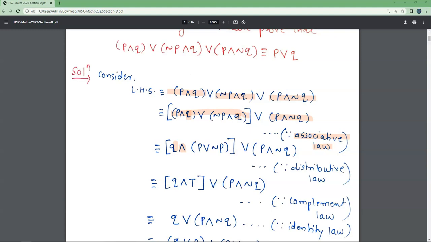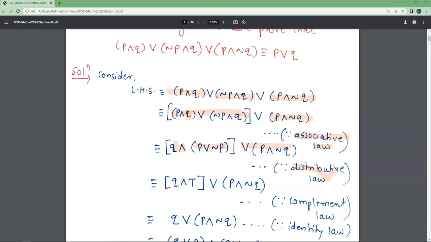So P or negation of P. Then this is as is. This is basically the distributive law, the distribution of and over or.